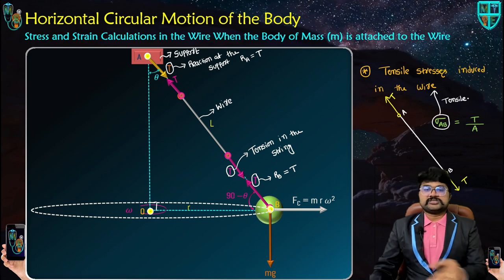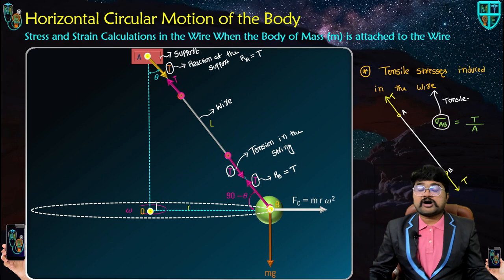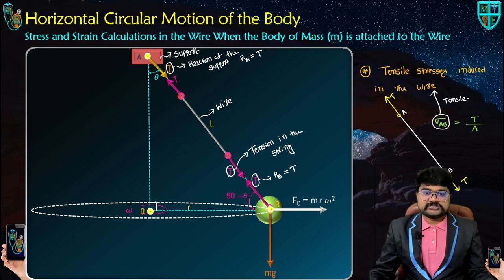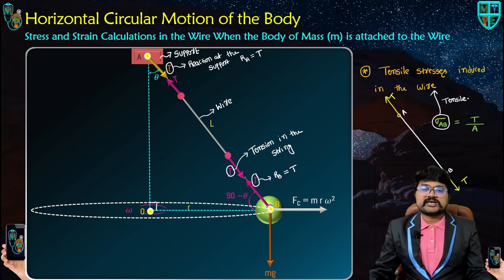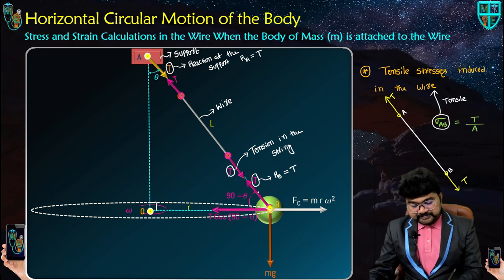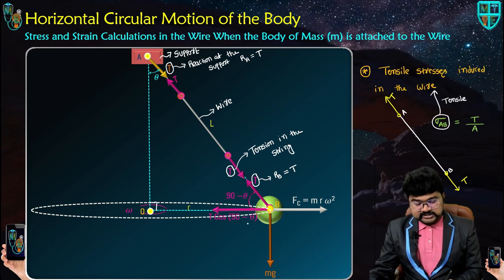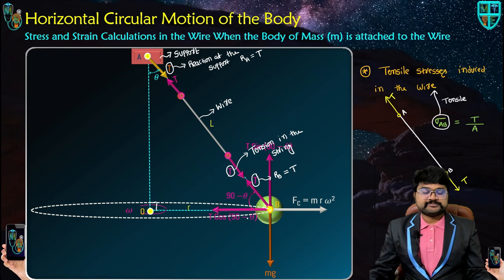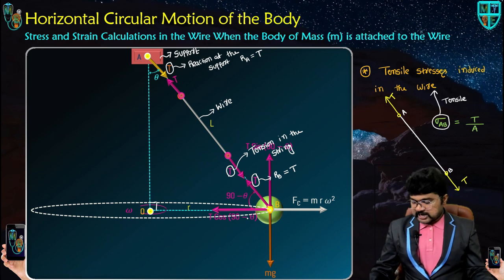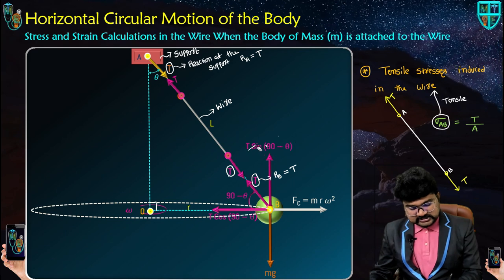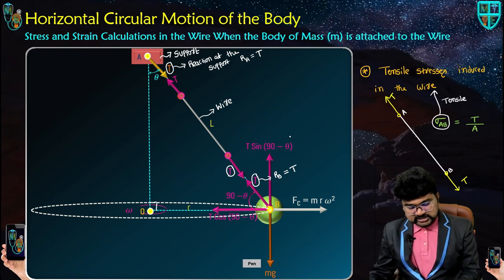Understood? So this is the way to draw the free body diagram and decide the nature of the stresses in the wire. Tensile stresses are induced. We can resolve it. T, you can resolve this: T cos(90 minus theta) and T sin(90 minus theta). Here T is the tension in the string.